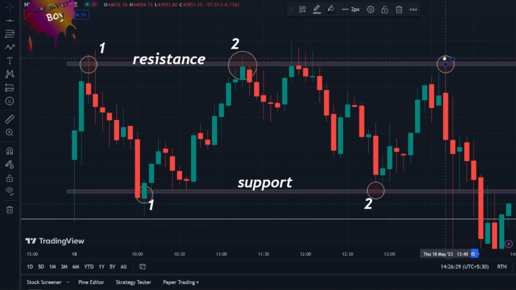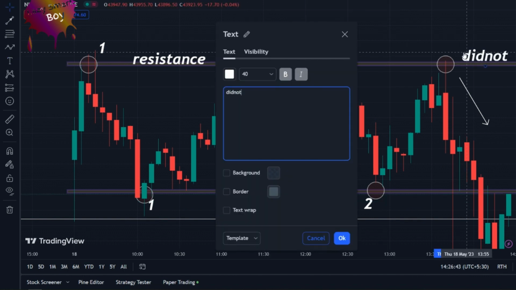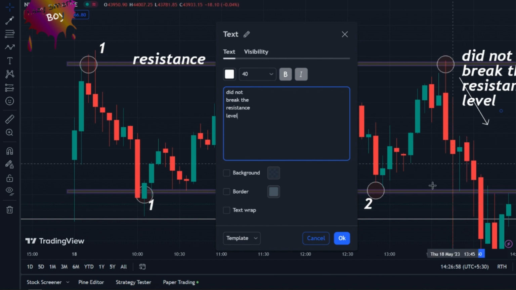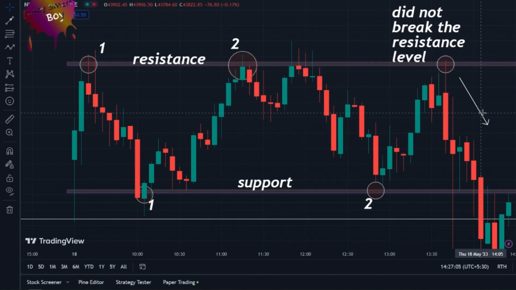If you are looking for a short position, when the price moves from the support level to the resistance level, you have to pay attention to whether it is breaking out the resistance level or not. If the price rejects to break out, then mark a level at the day's high.